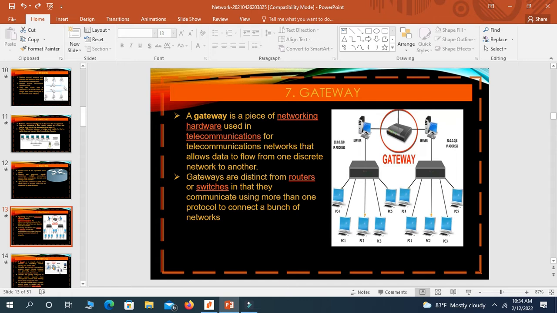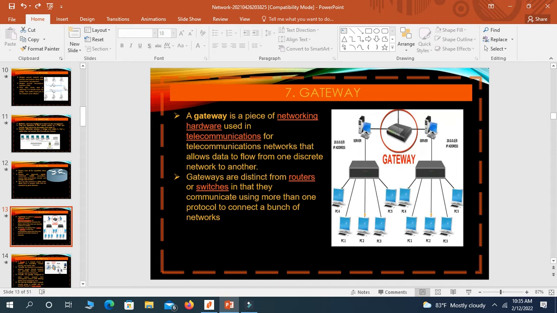A gateway, if we observe carefully, we see that there are different PCs. Here's the gateway. We have a server over here, and another server here. A gateway is a networking device used in telecommunication networks that allows data to flow from one discrete network to another.